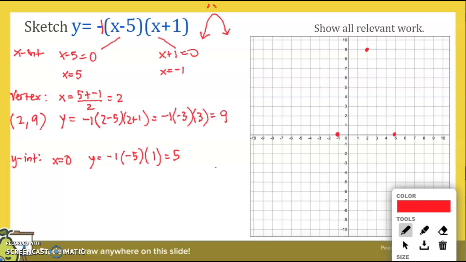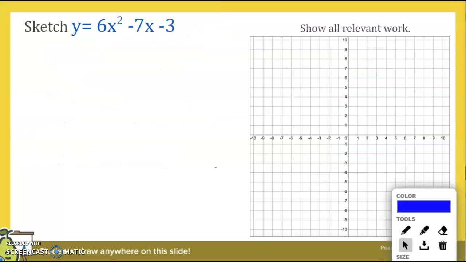So the y-intercept is going to be 0, 5. It's right here. Okay, so then now I can connect the points and draw my parabola that is going to be opening downwards, as we said it was going to do. Okay, there we go.